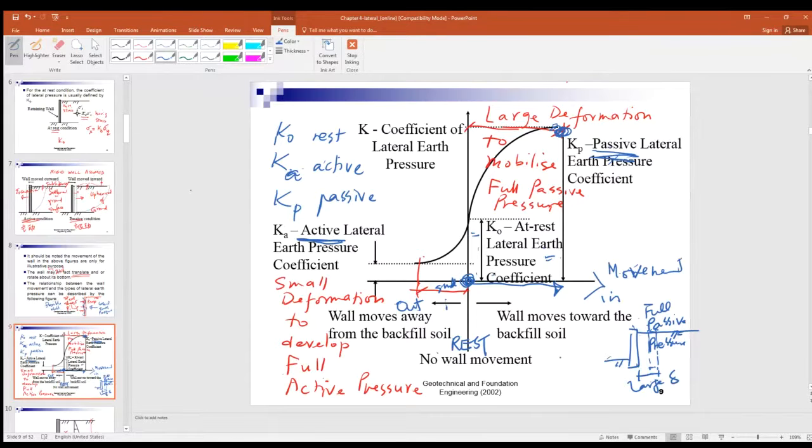On the other hand, for active, here, you need a very small movement. So you need a very small delta to develop this full active pressure.